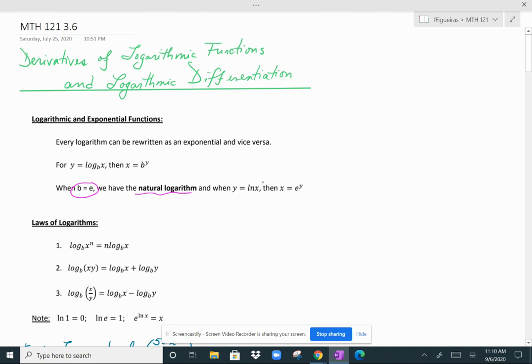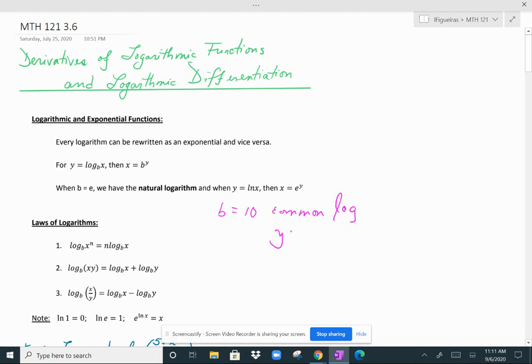So when your base b is e, that's a special type of logarithm called a natural logarithm, and we use ln to denote that instead of log. So if y is equal to ln of x, then x is equal to e to the y. I point that out because we're using the natural log more often, but there's another special one. When b is equal to 10, that's called a common logarithm.